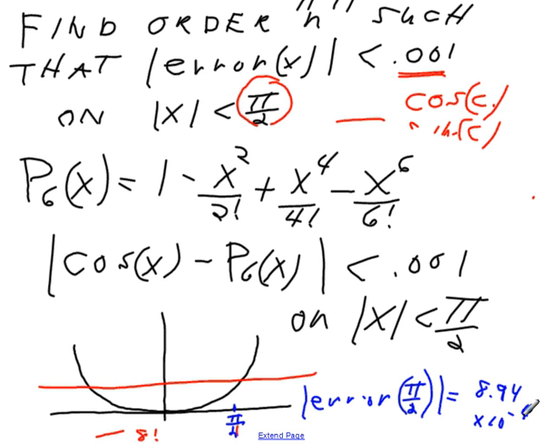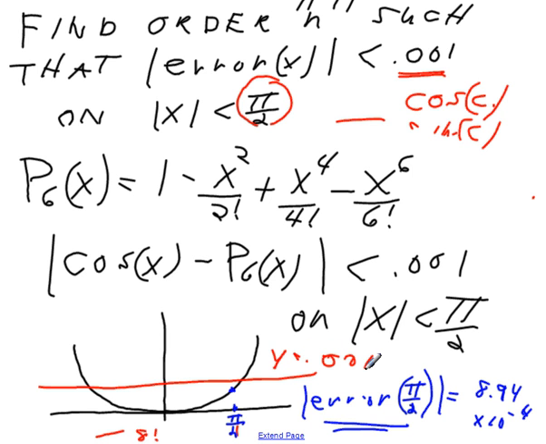So you see, with our remainder theorem approximation, we're able to find the correct order. We need a 6th order in order to get this error to be less than that. And sure enough, the true error, which I can find with my calculator, is less than the requirement. Remember, the requirement was 0.001.